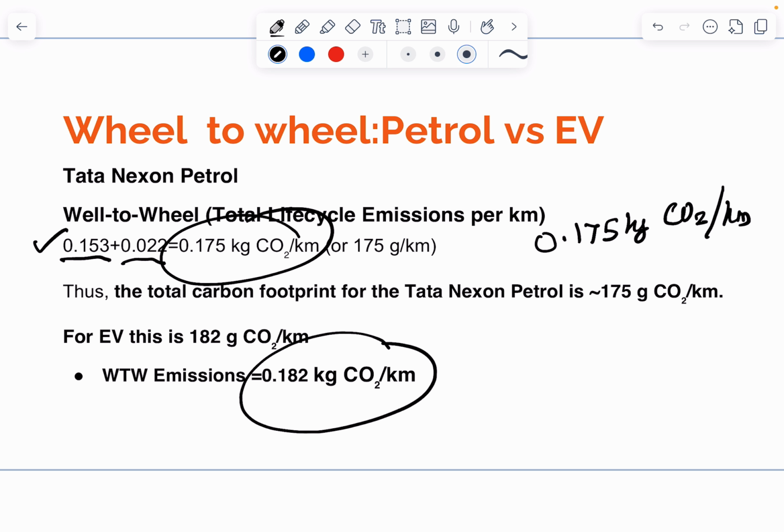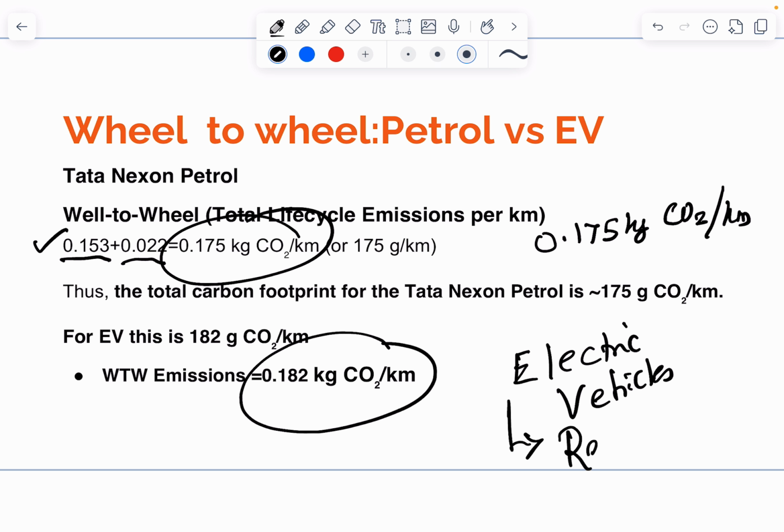As we move away from coal based power generation to renewables like solar PV and wind, this value would be much more favorable for EVs. For electric vehicles, this value is going to come down substantially if we move on a fast track towards renewables and reduce our consumption of coal.